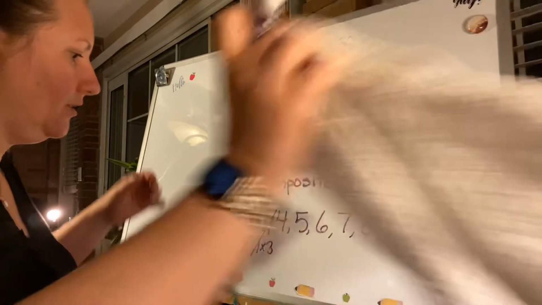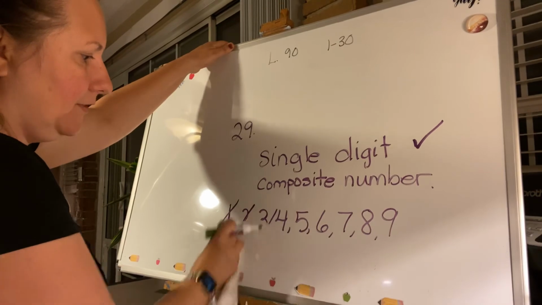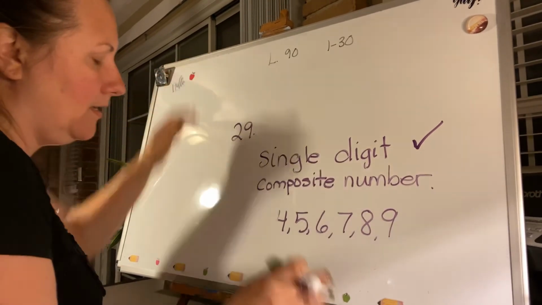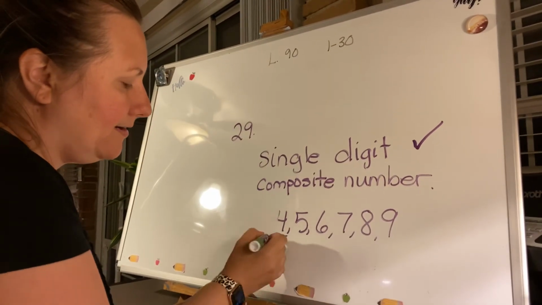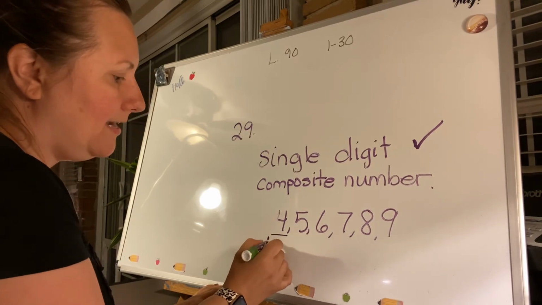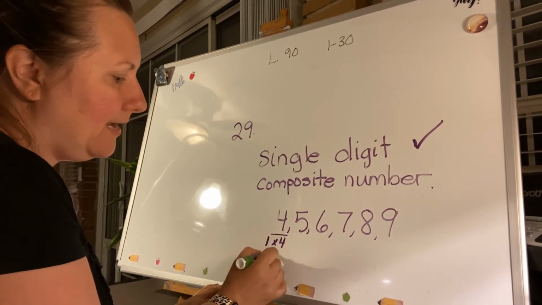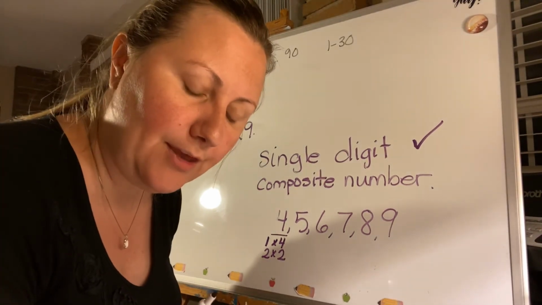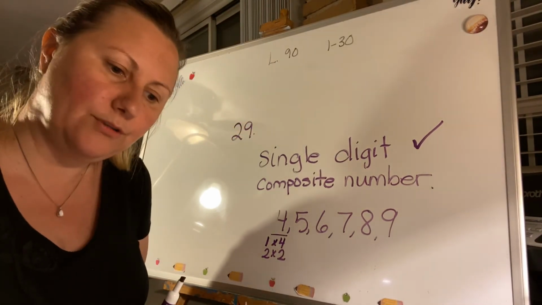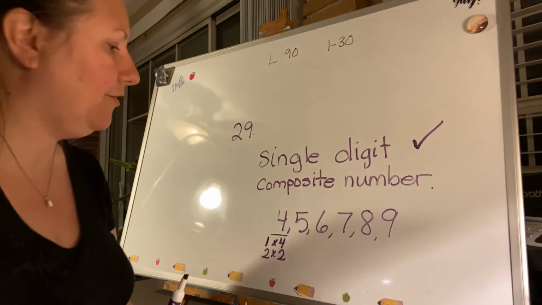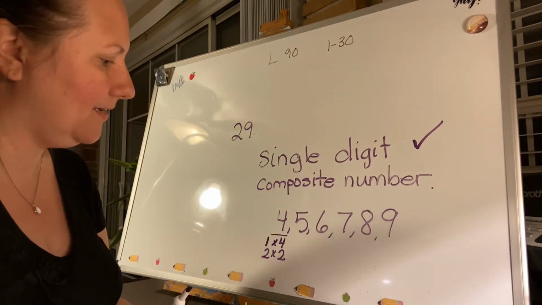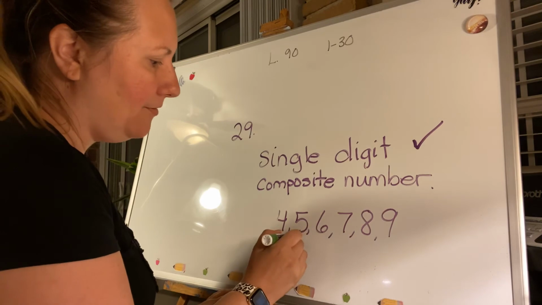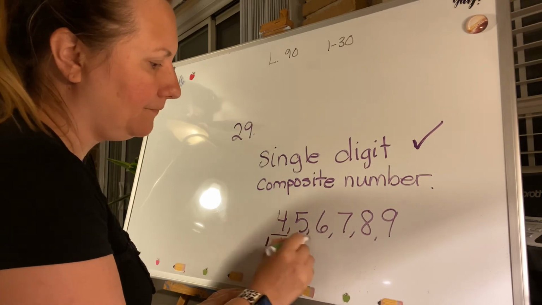Okay, so I'm just going to start erasing these to give myself some more room. 4 comes from 1 times 4 or 2 times 2. Okay, that's a composite number. Do you think, though, that a 4-year-old is talking like this? Could Arthur be 4? Okay, let's think about the number 5 now.